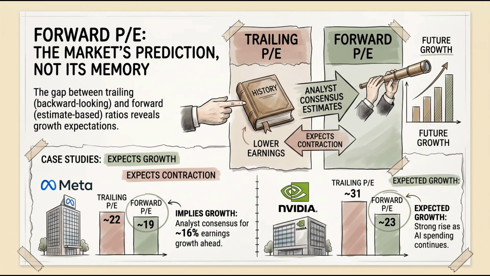So far, we have looked at the past, but the forward price-to-earnings ratio looks at the market's prediction. This divides the current price by analyst consensus earnings estimates for the next 12 months. The gap between trailing and forward numbers reveals growth expectations. For instance, Meta Platforms trades at a trailing ratio near 22 but a forward ratio near 19, implying analysts expect roughly 16% earnings growth.